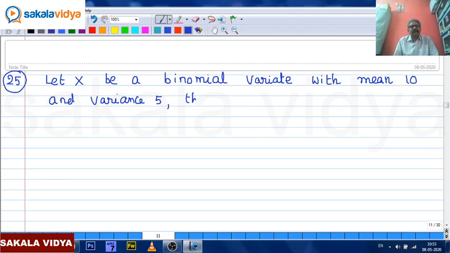Then P of x greater than 10, we need to find P of x greater than 10.